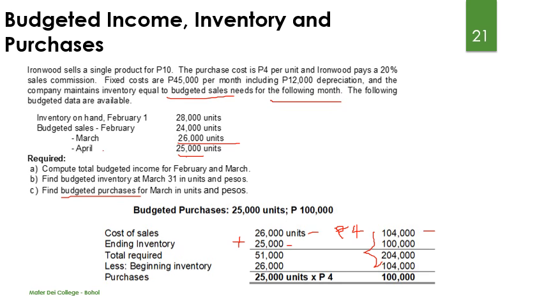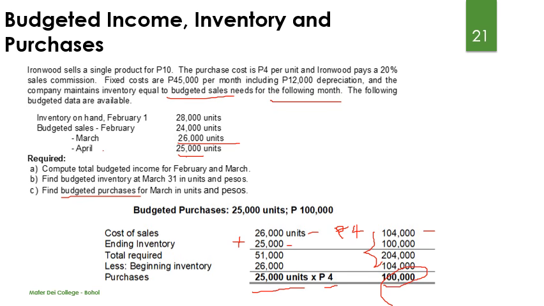So the beginning inventory in March is 26,000. Okay, deduct 26,000 from 51,000, so you will get 25,000 units, and multiply by 4. Our needed purchases is 100,000.